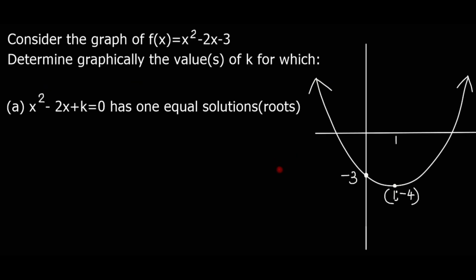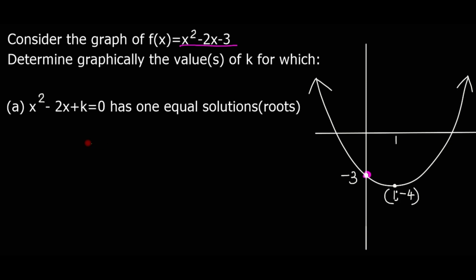This question says, consider the graph of f(x) is equal to x squared minus 2x minus 3. Here we have the graph of f(x), and you can see that this one is the y-intercept, and then here we have our turning point, which is (1, -4).